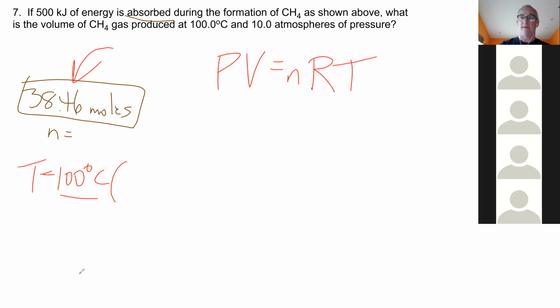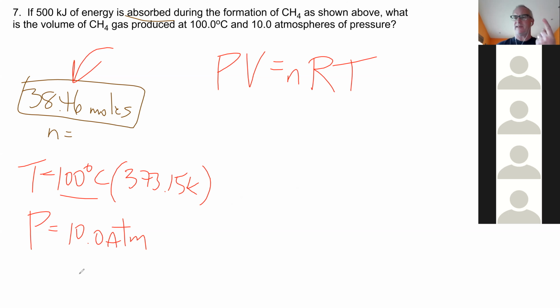I have 100 more, so it's 373.15 Kelvin. And what's my pressure? 10.0 atm. I don't have to do anything to this because we usually deal with atmospheres, liters, Kelvin, and moles. I've got my moles, my Kelvin, and my atmospheres, so I'm pretty much good to go.